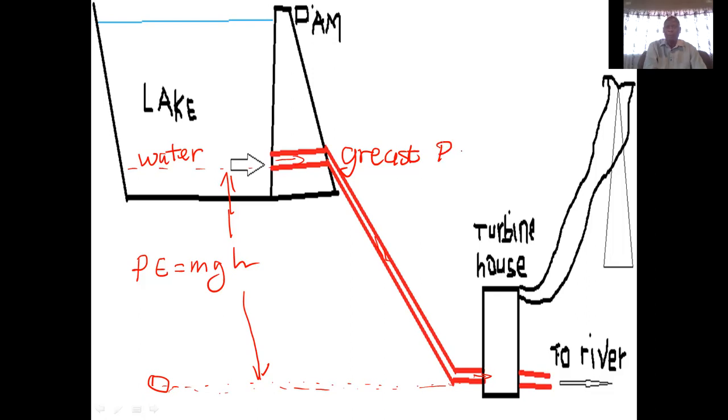So we're going to have the greatest potential energy where the water enters the penstock from the lake. And the least potential energy would be at the point where water enters the turbine house or emerges out of the turbine house.